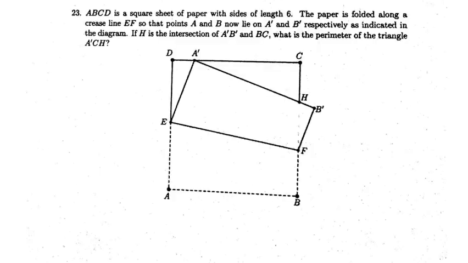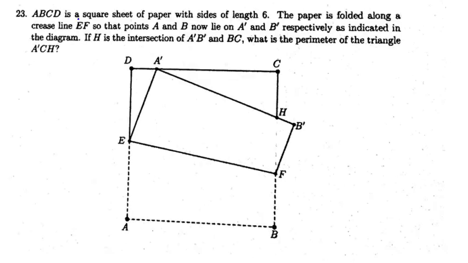SMO 2019 Junior Section First Round Problem number 23. ABCD is a square sheet of paper with side of length 6. The paper is folded along a crease line EF here, so that points A and B now lie on A prime and B prime.